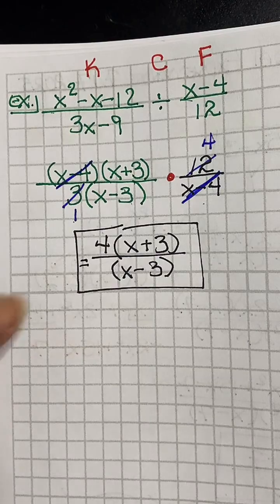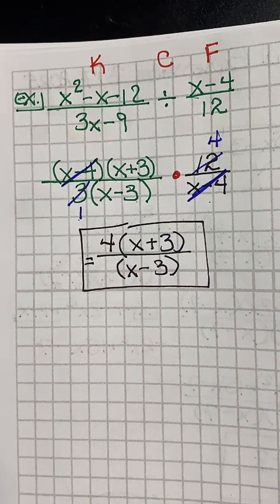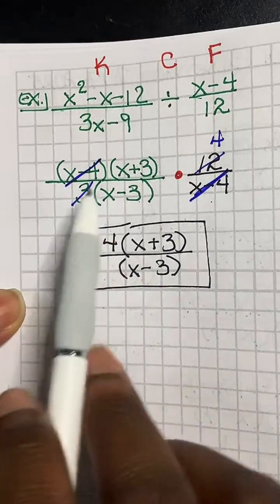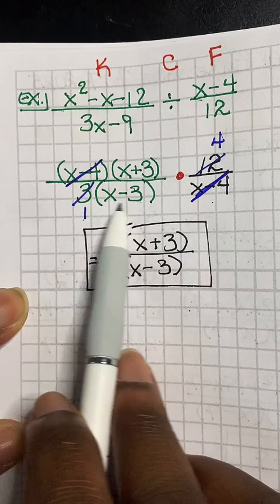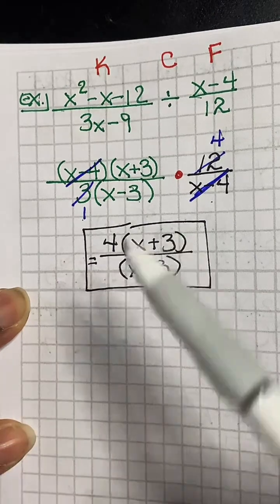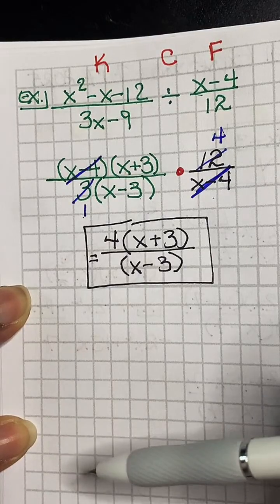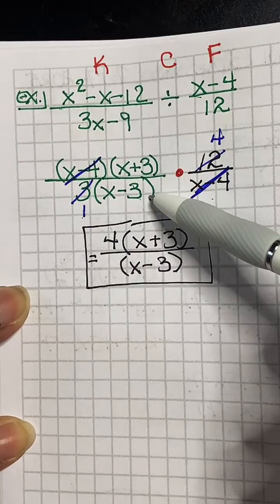You can have fun doing the distribution if you need to, but here's my suggestion. Once I notice some things cancel out and that the only thing in the denominator is x minus 3, I'm going to go to my answer choices. I'm going to look at the denominators of all my answers and see which one just has x minus 3.